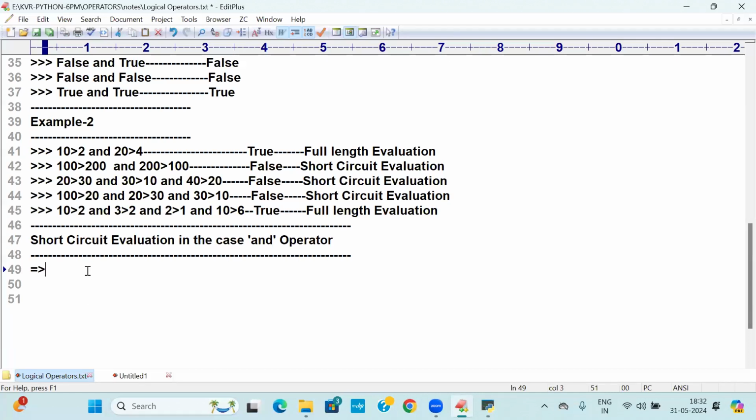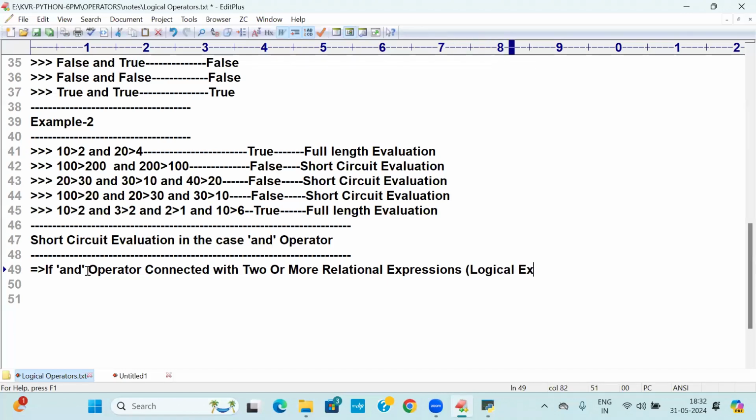Now I am writing. When, or I can say, if the AND operator is connected with two or more relational expressions, try to understand, relational expressions are nothing but logical expressions.